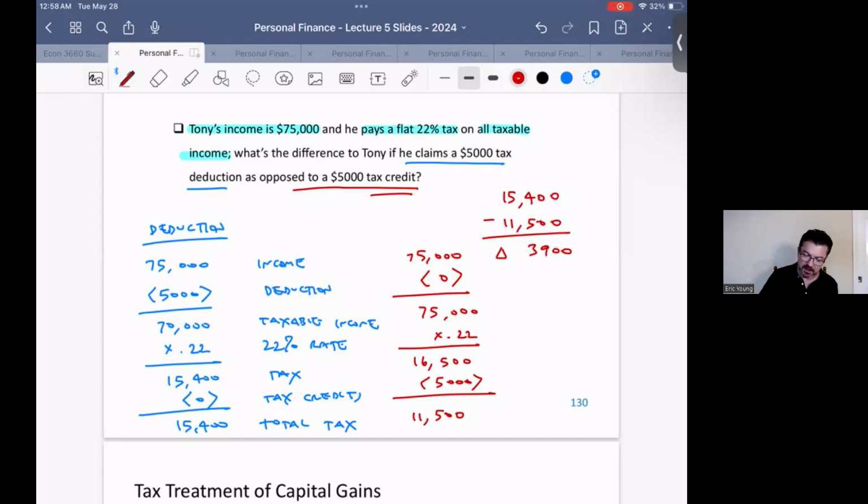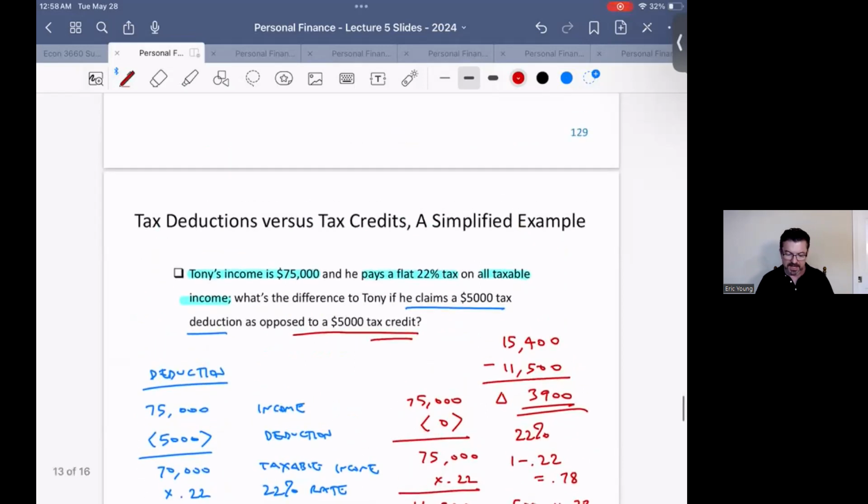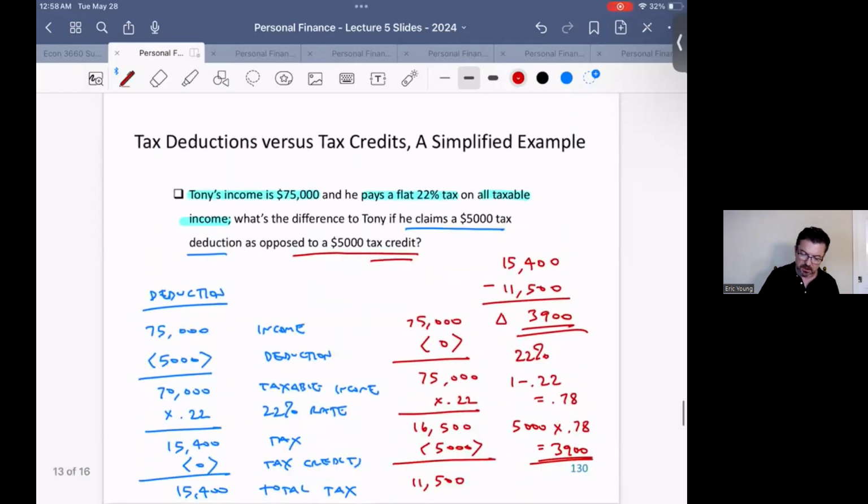Well, notice that his tax burden is 22%. 1 minus 0.22 is 0.78. And the $5,000 in question times the 0.78, that's equal to the difference between those two cases, because that's how the math works out. And anyway, that's credits and deductions.